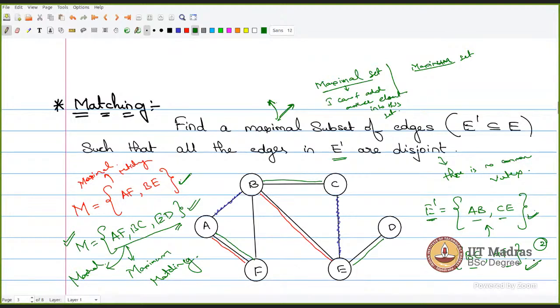Those kinds of complicated cases are where matching comes in. As of now, don't worry much about matching. Just worry about vertex cover and maximum independent set. If a graph is given, are you able to find the minimum vertex cover, maximum independent set, or the matching of the given graph? Worry till there.